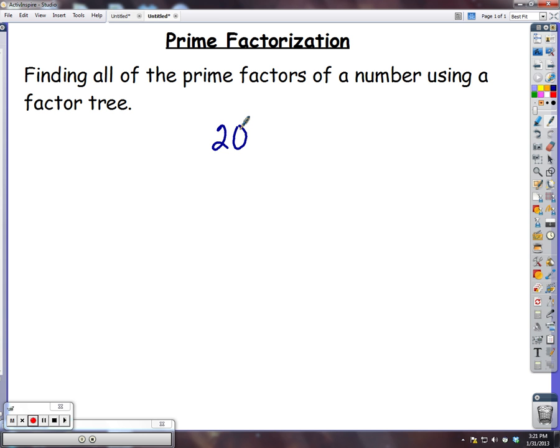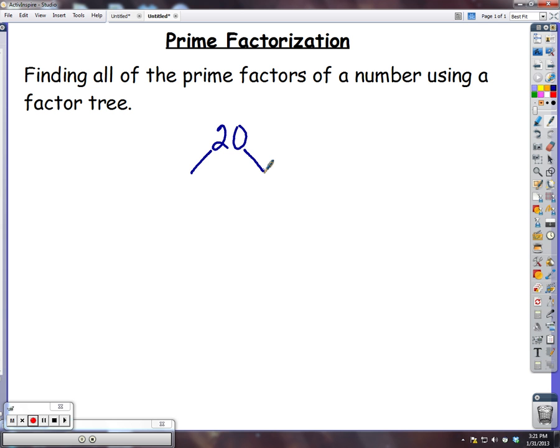So the first thing you do is make two branches coming from the 20. And you ask yourself, what are two factors, or a pair of factors, that when you multiply them together you would get 20.